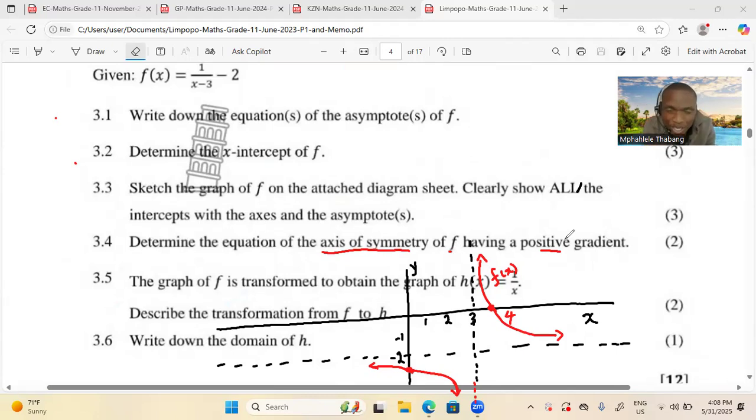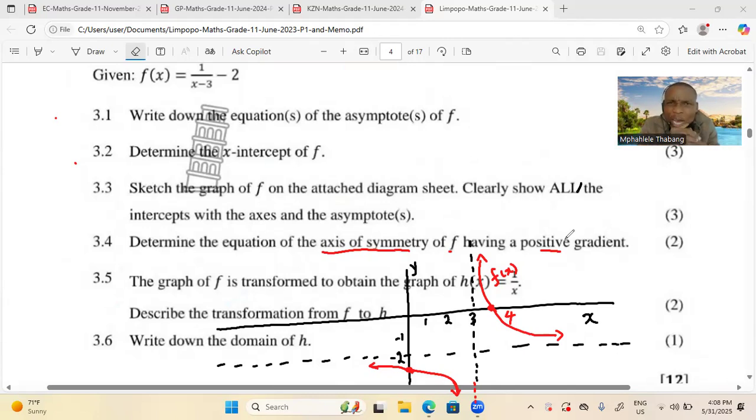The question wants us to find the axis of symmetry which has a positive gradient. But grade 11s know this. The hyperbola function has got two axes of symmetry. The one has a positive gradient. The other one has a negative gradient.